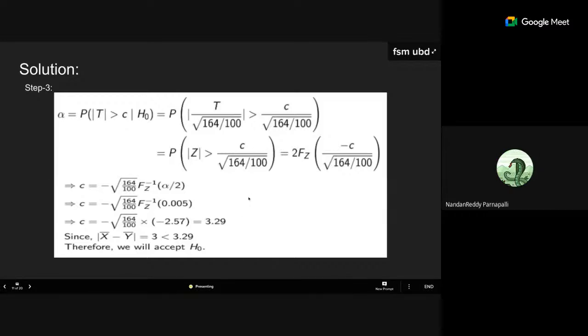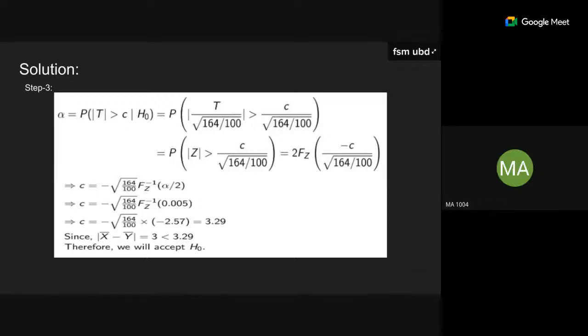Symmetric distribution. How many of you got this? Hand raises. The symmetry part? Like how this probability that mod z is greater than c by root over 164 by 100 can be equal to 2 times Fz of minus c by square root 164 by 100.